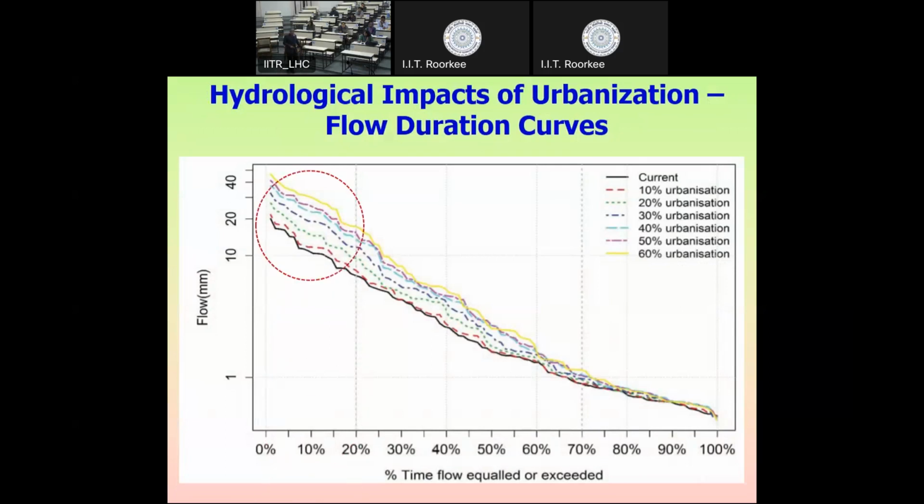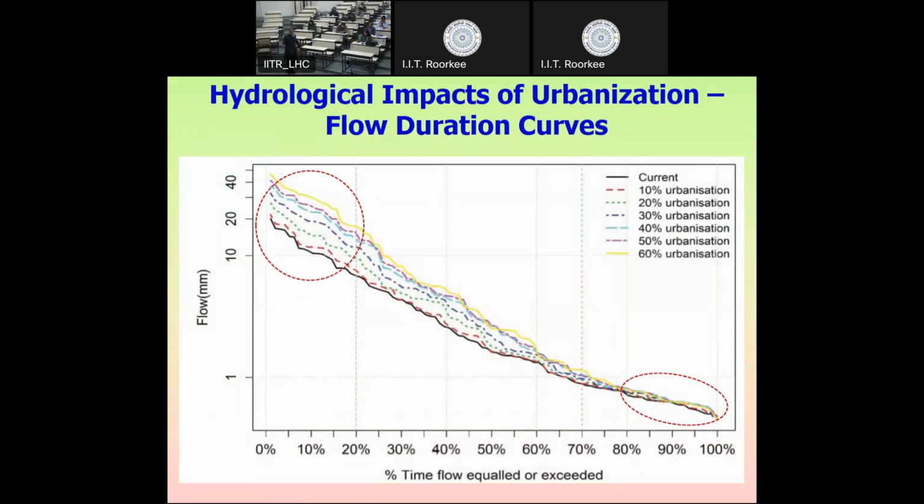Two things are important here. One is the upper end of the curve. That means more flow will be available in the river for this short duration, which means the river will have high flood potential. As a result of urbanization, flooding events will increase, but the low flow events will not be increasing much.